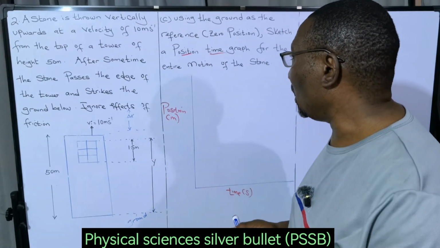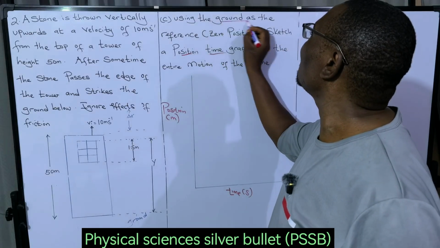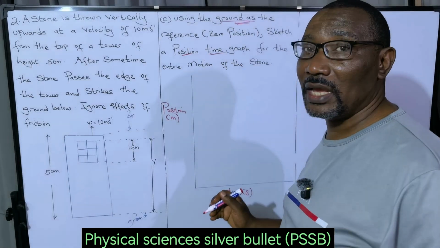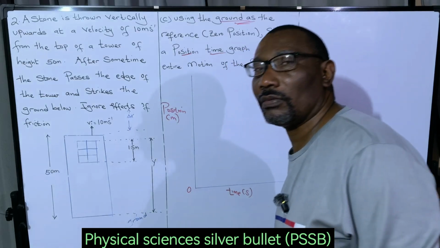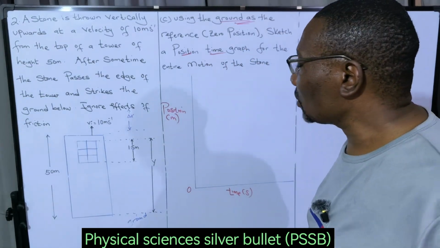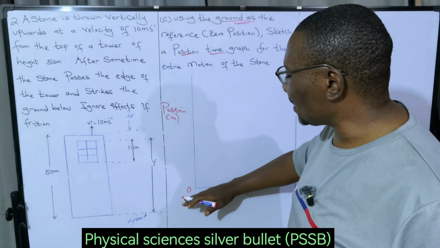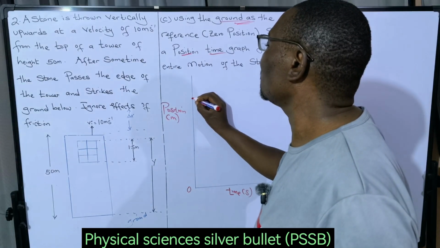Remember they said we are having the ground as reference, implying that our ground is zero, where we start our measurement from. Which means that if this is our zero, we go up to 50.